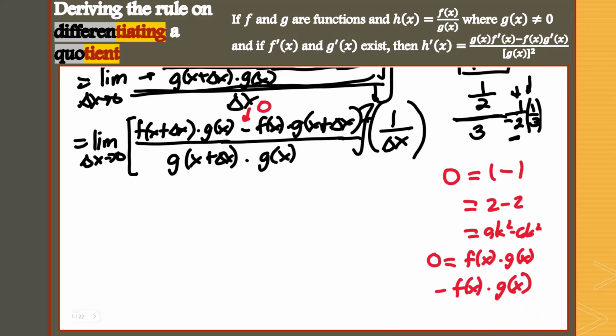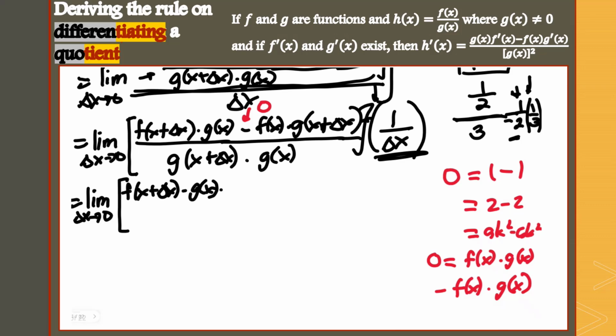So this is how it will look like. So please bear with me again. We have the limit of, I will just write here delta x over 0, so partner with that because I need to focus here on writing the correct forms. Take note, I'm not multiplying this yet. So we have f of x plus delta x times g of x. Okay?